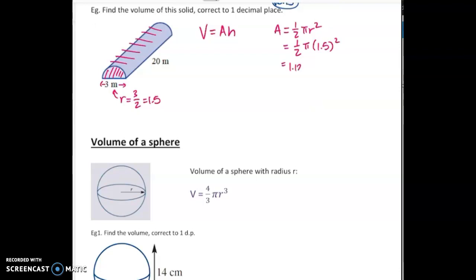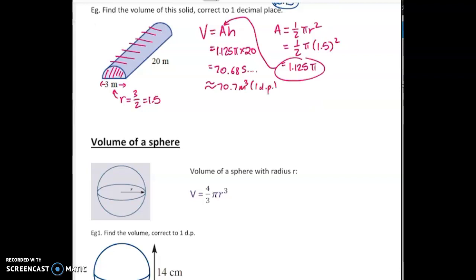That gives me 1.125 pi on the calculator, and then I substitute that into my volume formula for A: 1.125 pi times the height, which is 20. That'll give us the volume of that solid, 70.685, and that's approximately 70.7 cubic meters to 1 decimal place.